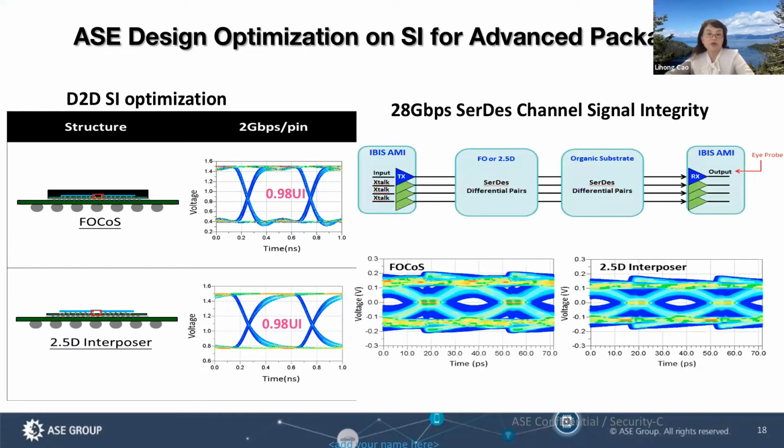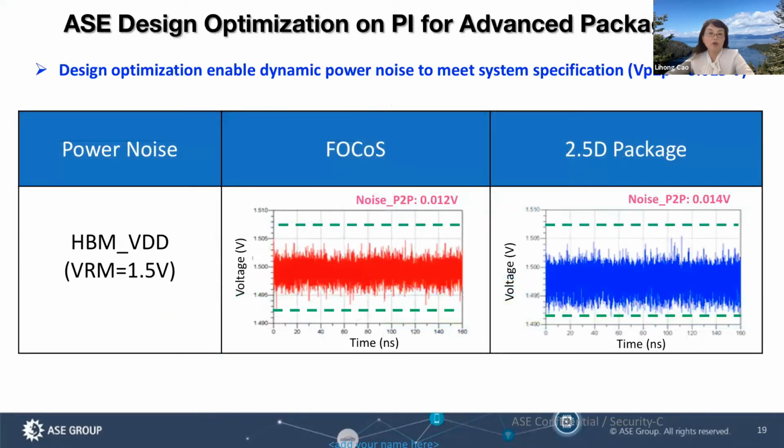Same results was also observed for 28 gigabits per second SerDes design by using our hybrid design tool. So the power integrity is also very critical. Here shows an example after our design optimization. The PI performance for dynamic power noise level meets the system specification for both fan-out FOCOS and 2.5D silicon TSV.